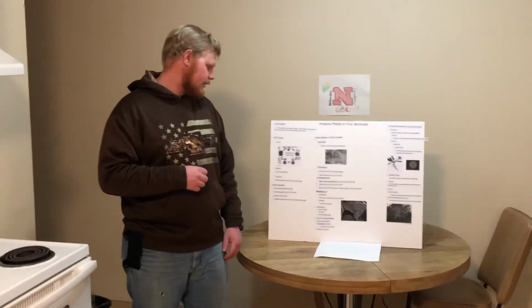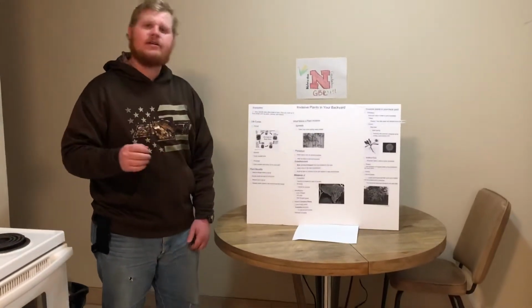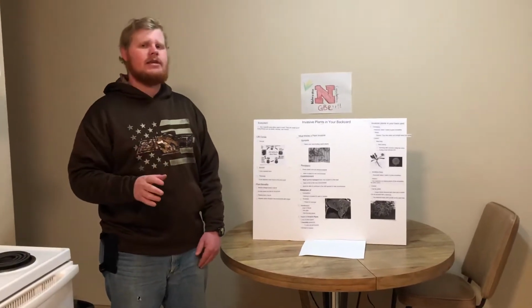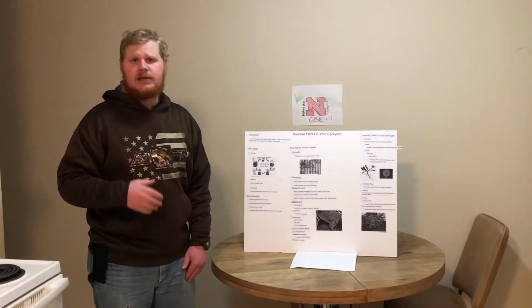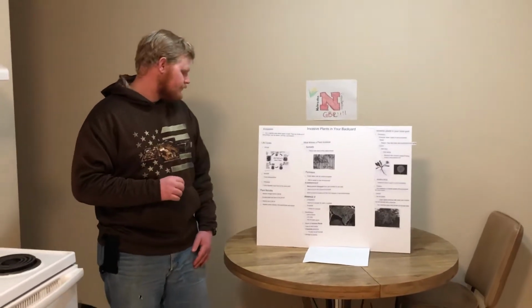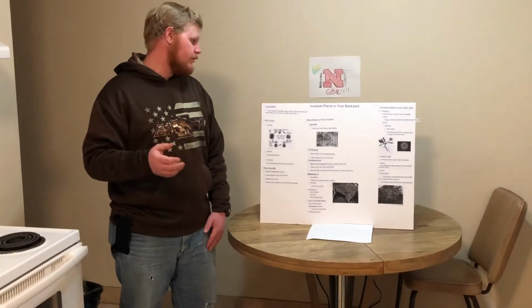For instance, it could be potentially poisonous, and that is not just to you, but it also could be to your pets. So it's very keen. You have to be very, very aware of what plants are in your area. And of course, it can cause damage to the property.